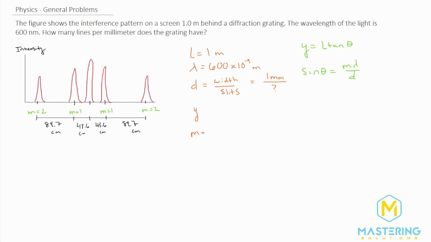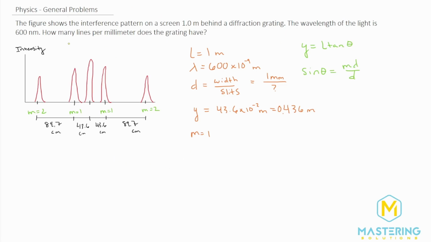We'll say m is 1 for what we're going to do. You could use m is 2 and add these two values together. But for this y, we'll have 43.6 times 10 to the negative 2 meters. In this case, it is a little easier to just move the decimal place 2, which is 0.436 meters.